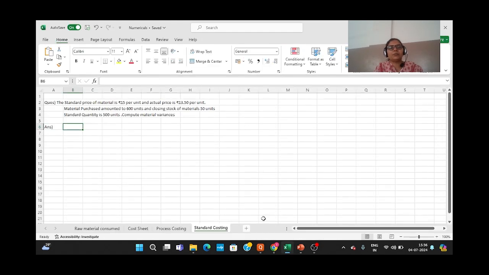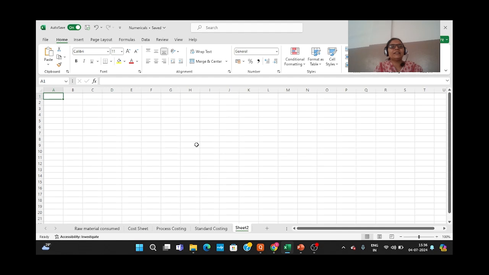Now, I will explain numerically what standard cost actually is and what the variances are. Suppose, as per certain technical reports and based on certain calculations by the experts, it has been derived that the standard cost of material will be 500 rupees.